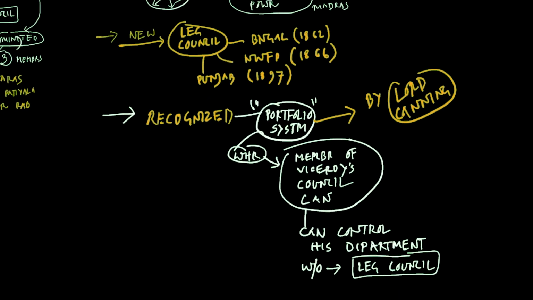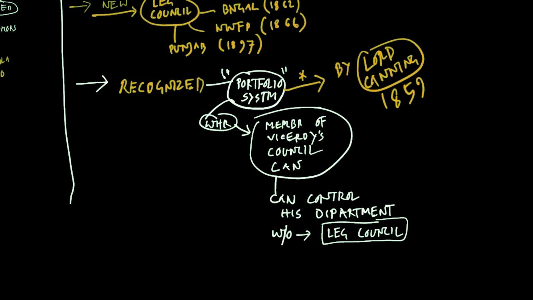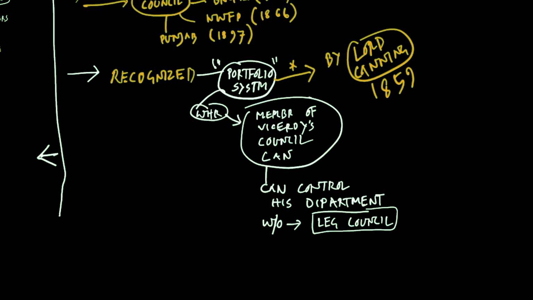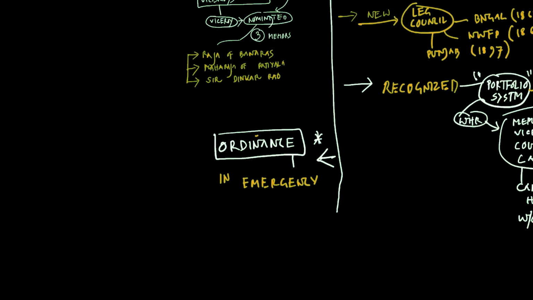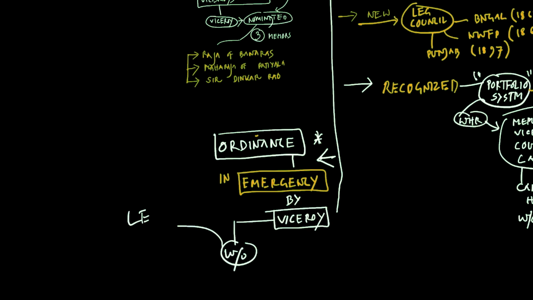It gave recognition to the portfolio system. Under this system, a member of the Viceroy's Council was made in charge of one or more departments of the government and was authorized to issue final orders on behalf of the Council on the matter of his department. The Act empowered the Viceroy to issue ordinances without the concurrence of the Legislative Council during an emergency. The life of such an ordinance was to be 6 months.